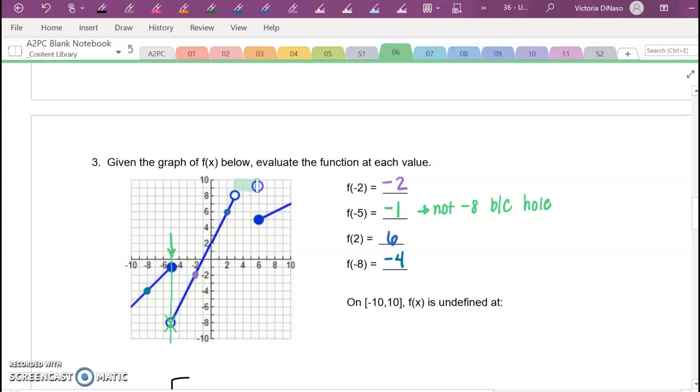And there's actually a gap right here. So we have a gap in this entire section. Since we have a gap in this section, that's another place where it's undefined because we don't have an exact answer for like f of 4 or f of 5. So those would be undefined answers.